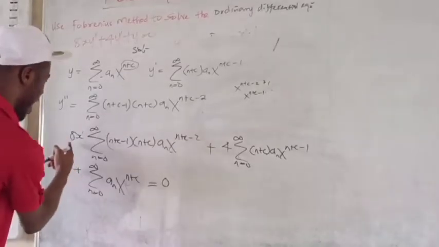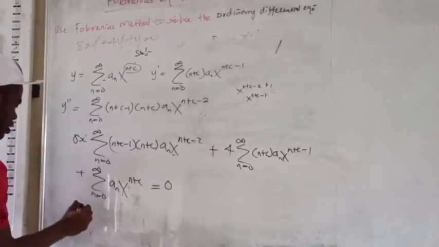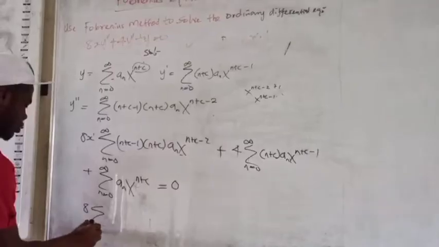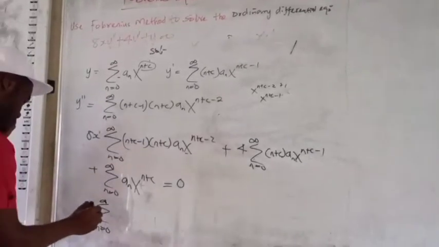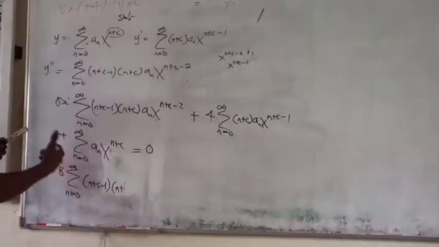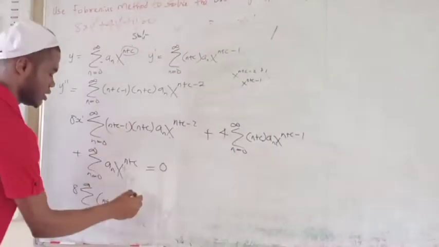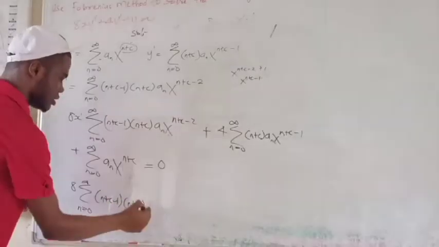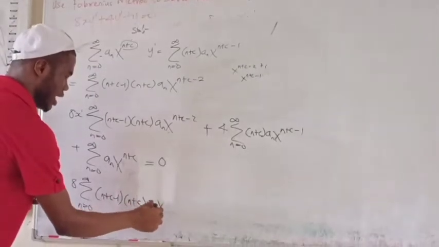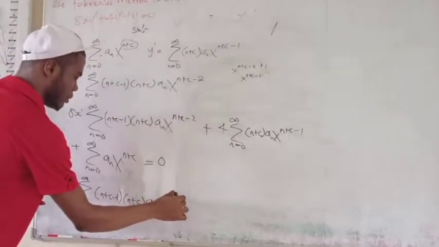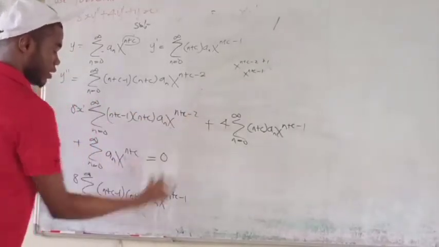So here I have 8 times the summation from n equals 0 to infinity of n plus c minus 1, and of course n plus c, close brackets, a subscript n, x to the power of n plus c minus 1, because from here.